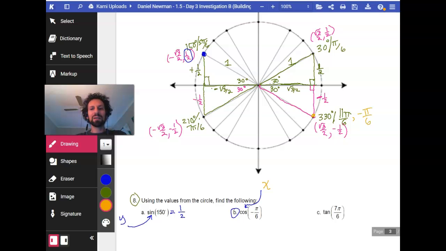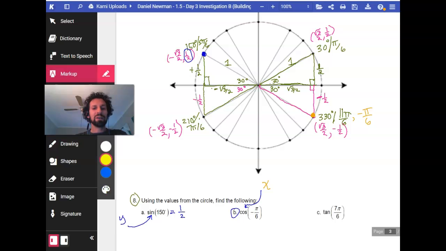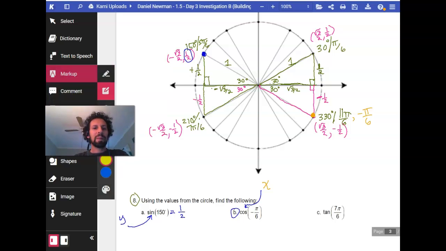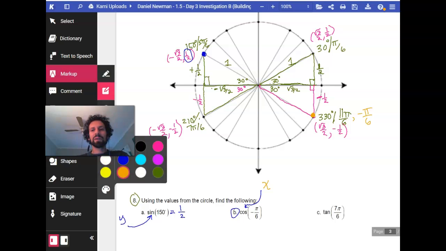So this here is negative pi over 6. Since we're looking for the cosine of the angle, we just need to use the x-coordinate for that point.